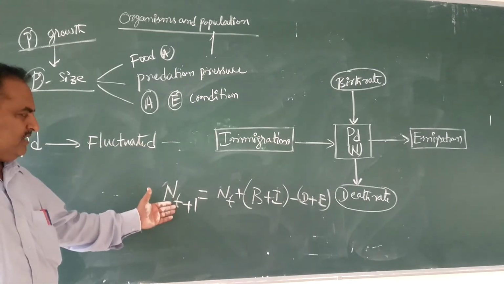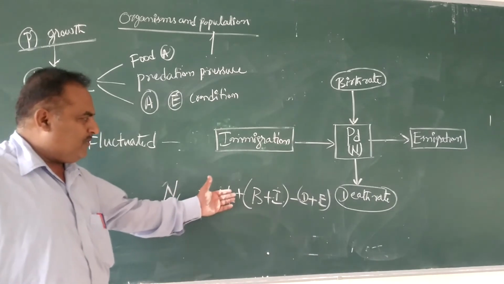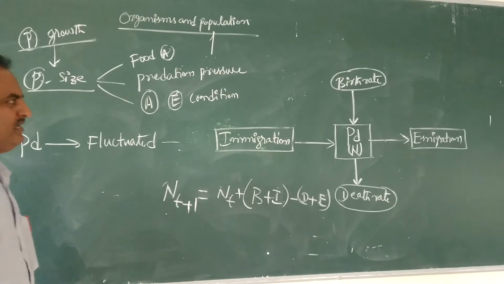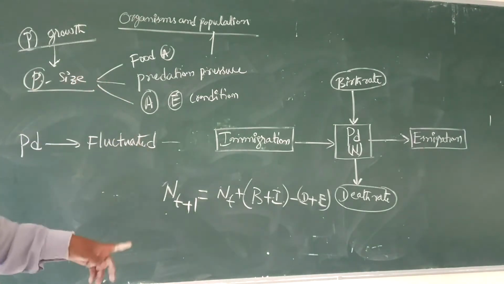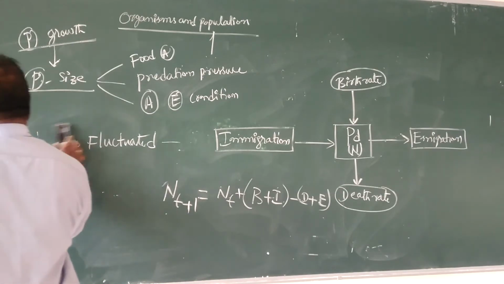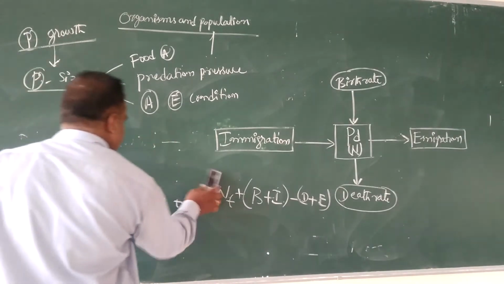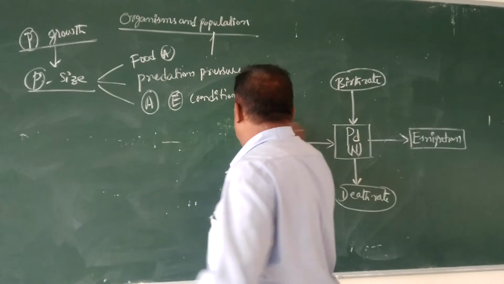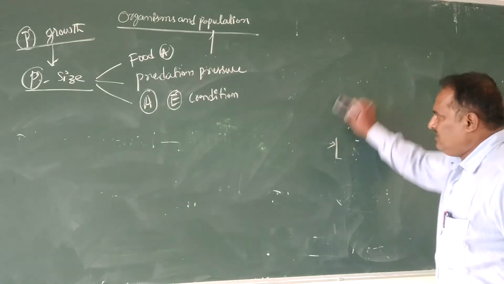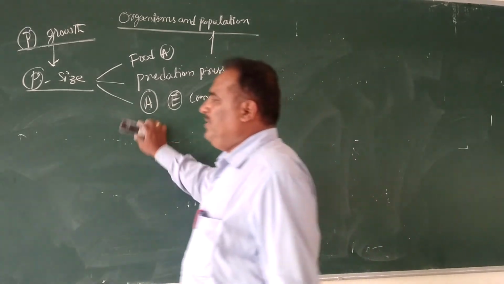The four factors are birth rate, death rate, immigration and emigration.